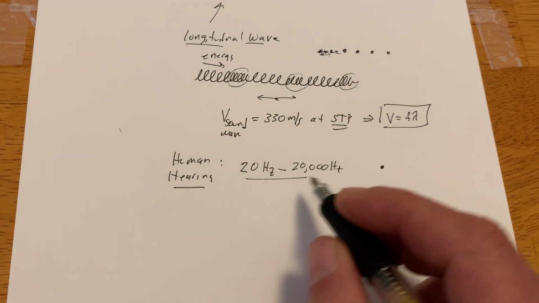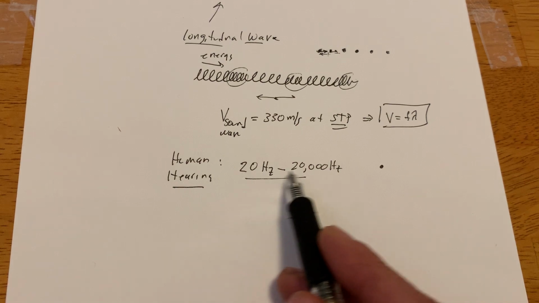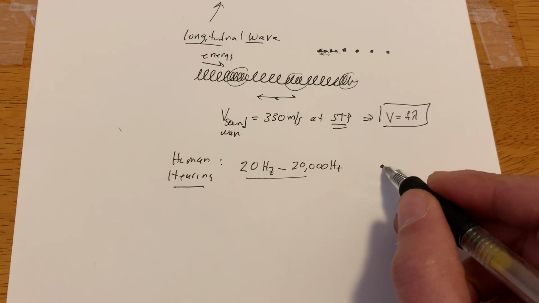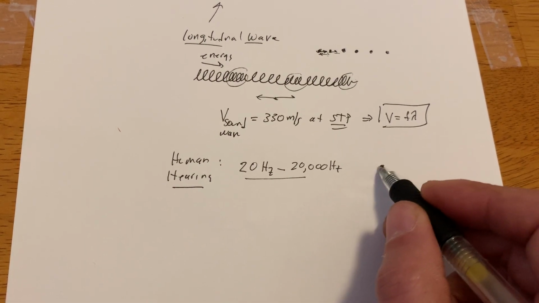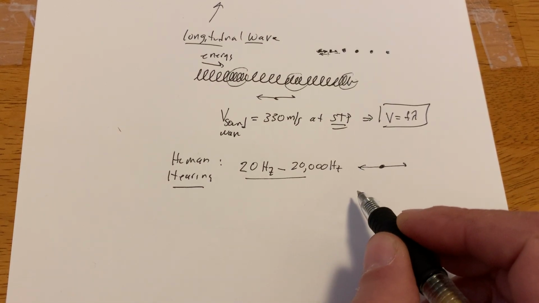What does that mean? Well, we can hear sound waves that are really in this range. Here is a sound wave. Should say here's a particle of air. What does it do? It's going to wiggle back and forth.